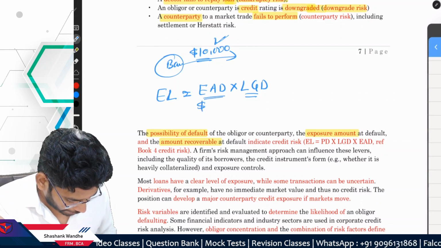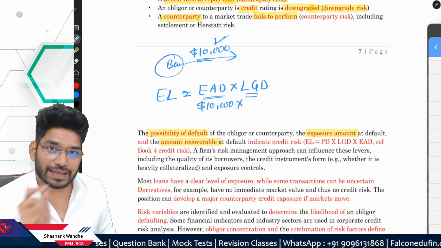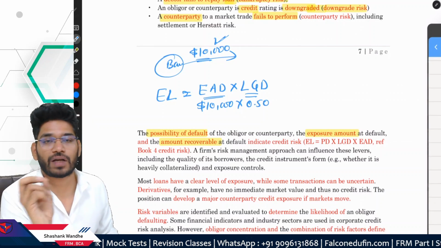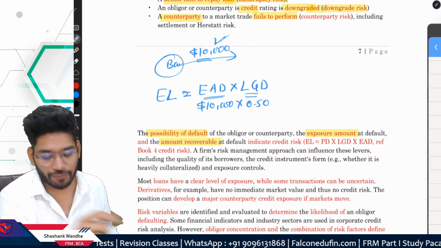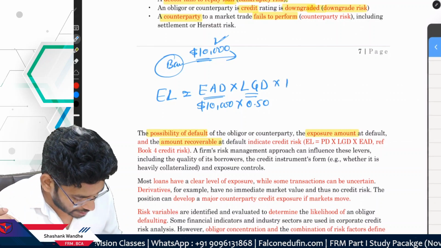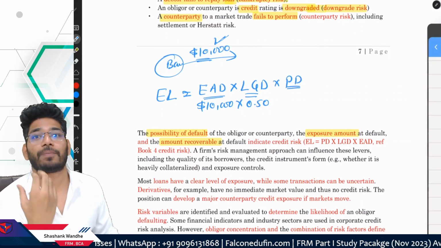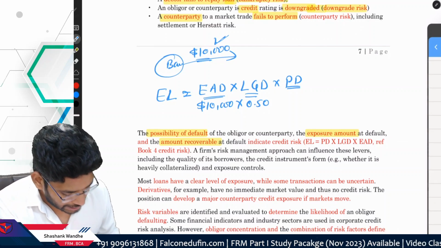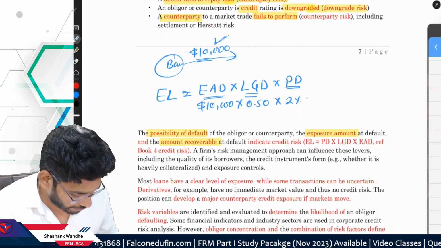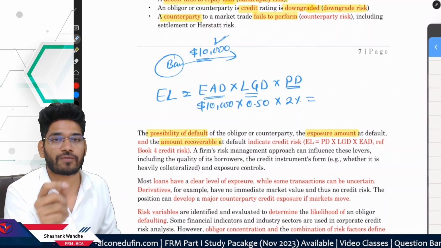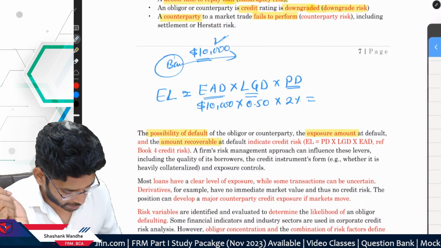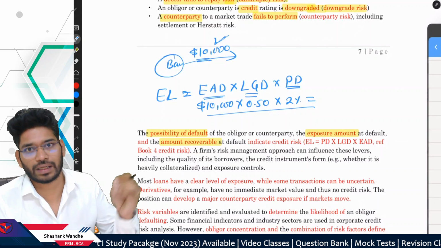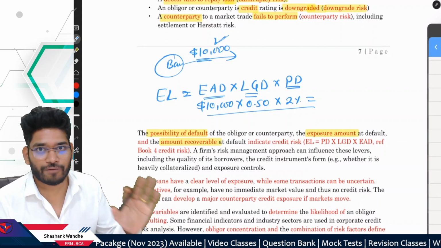So here we have 10,000 and the bank is expecting 50% loss, denoted as 0.50, if the counterparty defaults. And then what is the probability of default? What is the possibility that this particular firm or counterparty will default? Say it's 2%. So 10,000 multiplied by 50% multiplied by 2% is your expected loss. You can do the calculation, very simple. So you have to remember this.